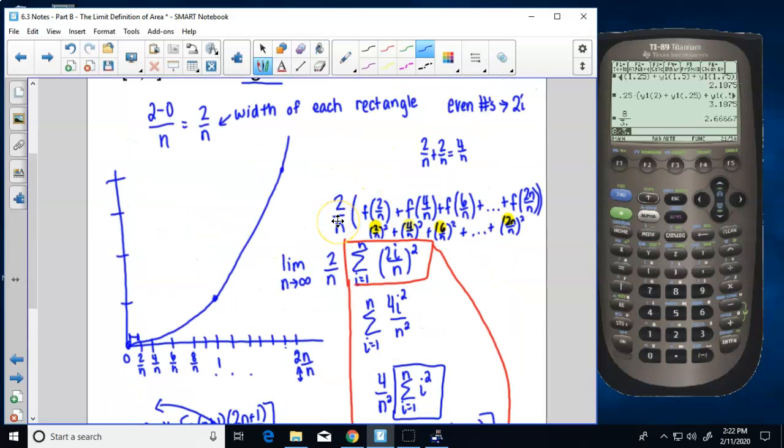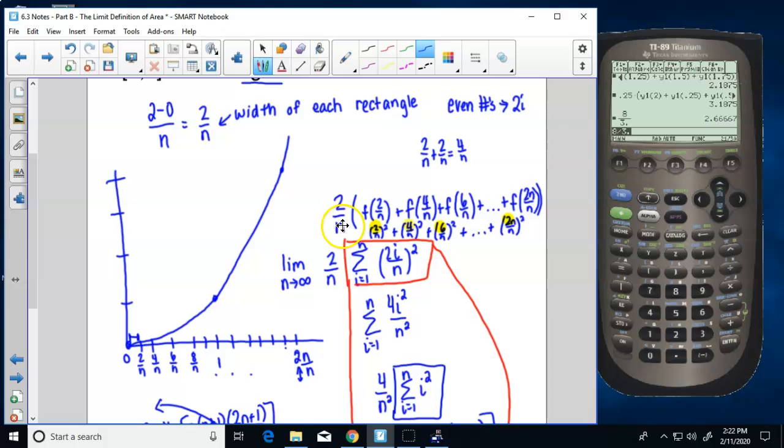The 2 over n part right here. That 2 over n is the width of each rectangle. So whenever it was 8, we were doing 2 over 8, which gave us 0.25. But n's our number of rectangles. If we only have 4 rectangles, it'd be 2 over 4, which would be 1/2. If we had 100 rectangles, it'd be 2 over 100, which would give us 0.02 there.